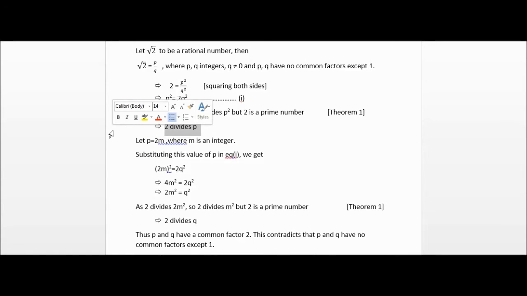At this level we have got a point that p has a factor except 1, that is 2. As 2 divides p, 2 is a divisor of p. Okay, so come to the next point.